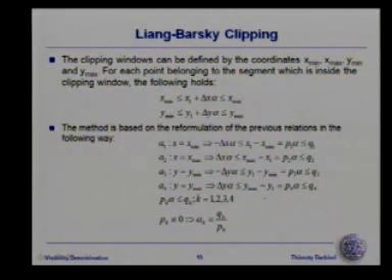So there is always a delta x alpha for which, starting from the first endpoint, you can be between x min and x max. There is always a delta y alpha for which, starting from the first endpoint, in the direction of the y's, you are between y min and y max. This is still pretty easy. You can understand.